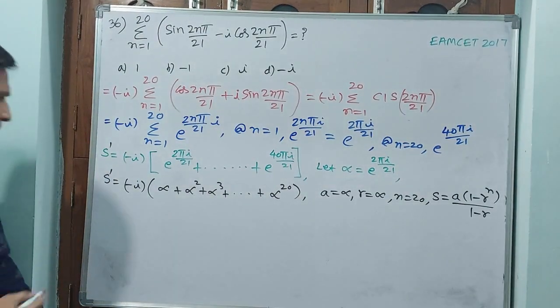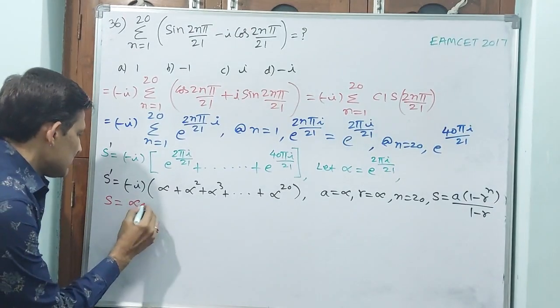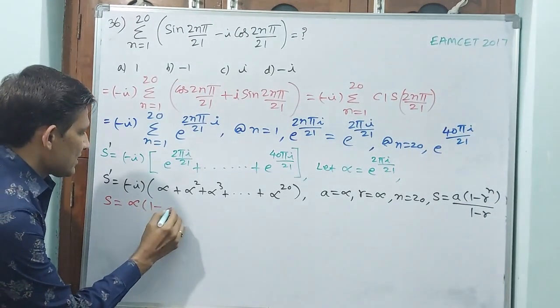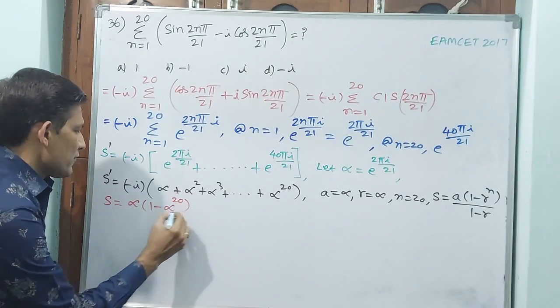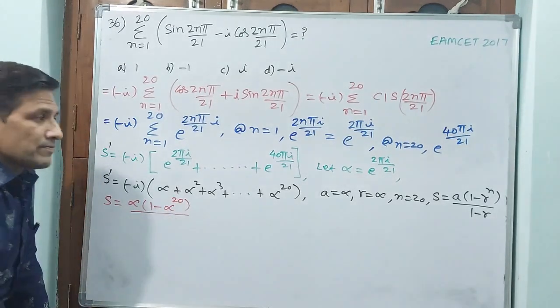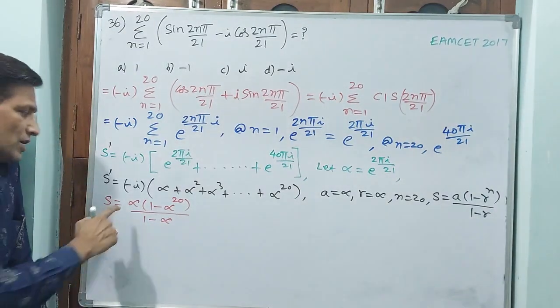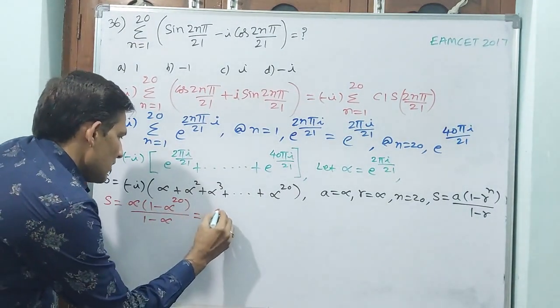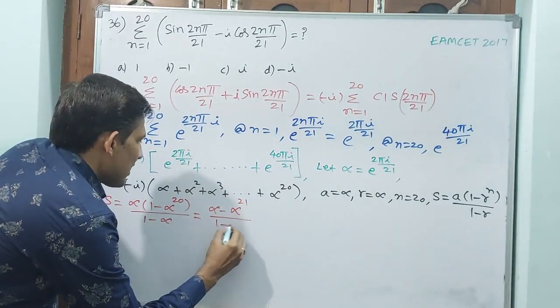Okay, then proceed further. S is equal to A is how much? Alpha into 1 minus alpha to the power of n. N means 20. Alpha to the power of 20 divided by 1 minus alpha. Okay, send alpha inside. Alpha minus alpha to the power of 21 divided by 1 minus alpha.